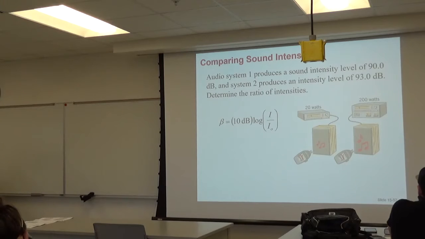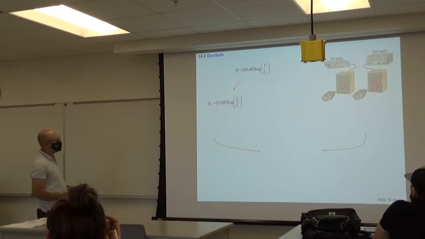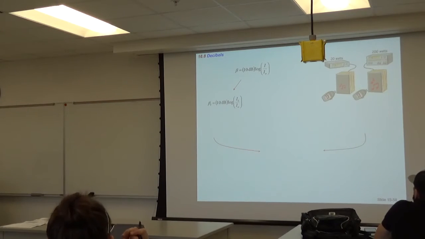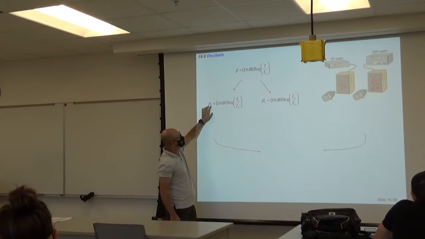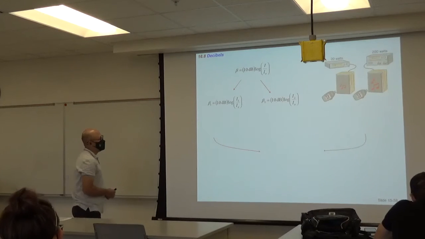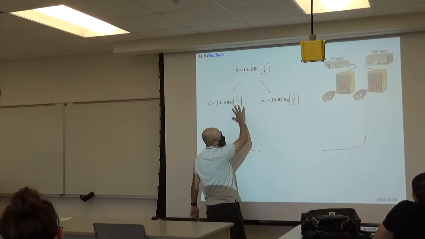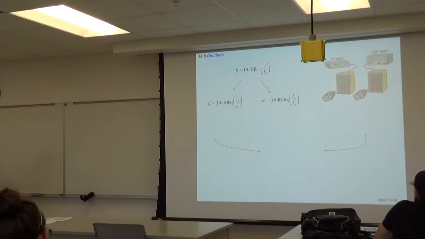So we have beta for speaker 1 and speaker 2, the sound intensity level for the first speaker, and then that's for the second speaker. I'm using the subscript 1 for speaker 1 and 2 for speaker 2. Same formula, but they have different intensities, so I'm writing I1 for speaker 1, I2 for speaker 2, and beta 1 and beta 2.